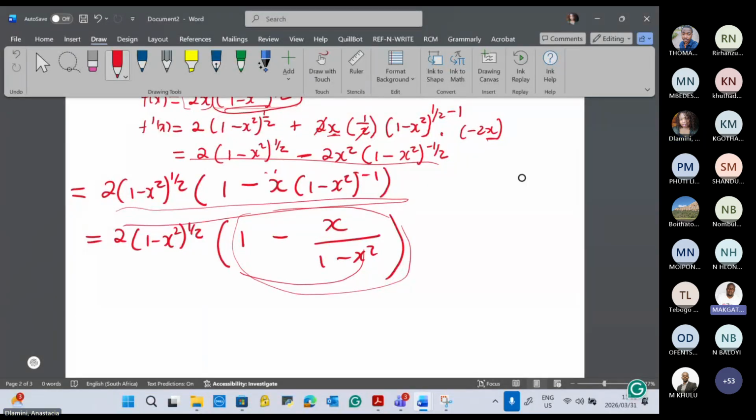I can see, especially because of this -1. Oh, so this is x squared, sorry. Yes, this is x squared. I'm just referring to the -1.